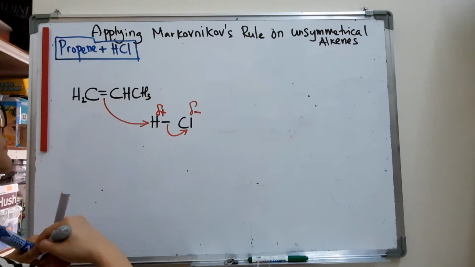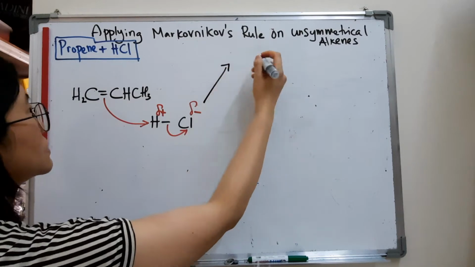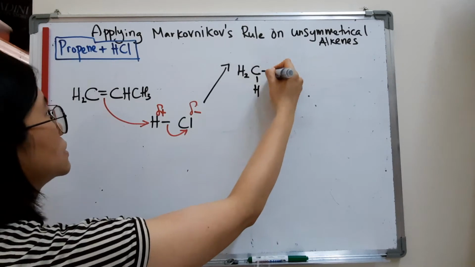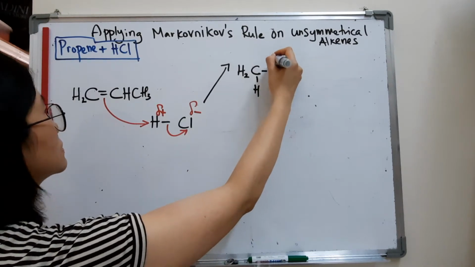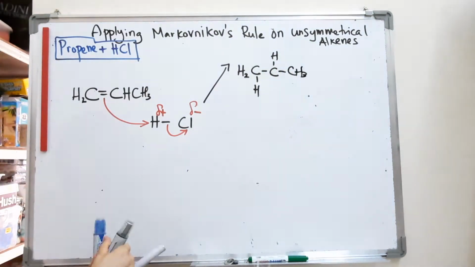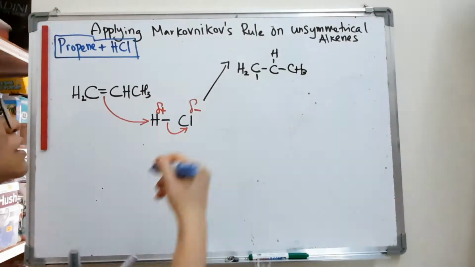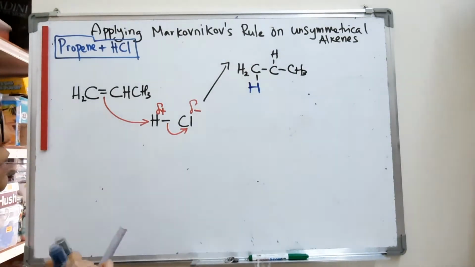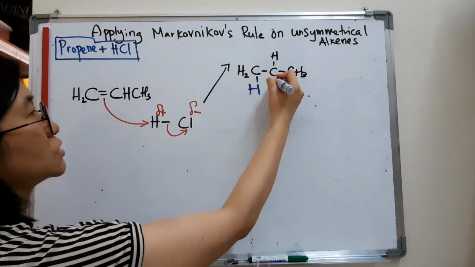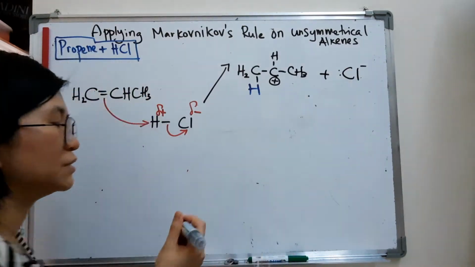If H goes into the carbon on my left side, I'm going to get something like this: H, C, CH and CH3. I will use another color to represent the H. This is the H that comes from the HCl. Now the carbon carries a positive charge over here, together with the release of chloride.